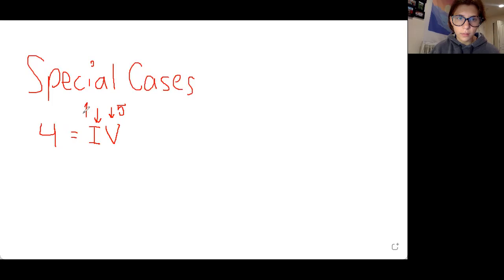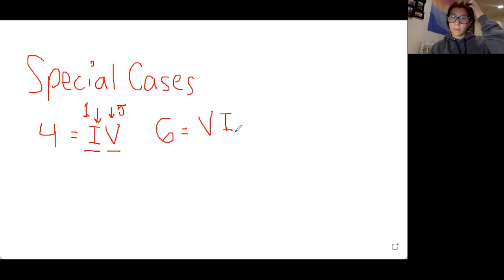Since the I is in front of the 5, that signifies subtraction, so the 1 gets subtracted from the 5. We can see the reverse of it when we look at 6, because 6 equals VI, and that's addition because the I is to the right of the V.